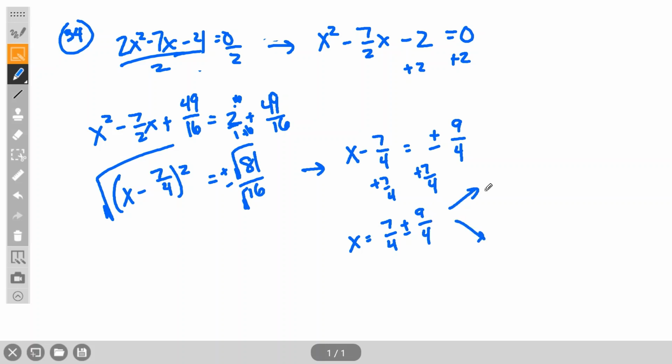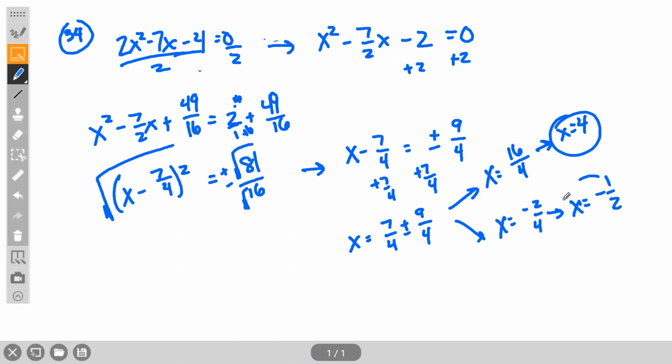So this represents two solutions. 7 over 4 plus 9 over 4, which is 16 over 4, or just 4. And then 7 over 4 minus 9 over 4, which is negative 2 over 4, or just negative 1/2. So those would be my two solutions for 34.